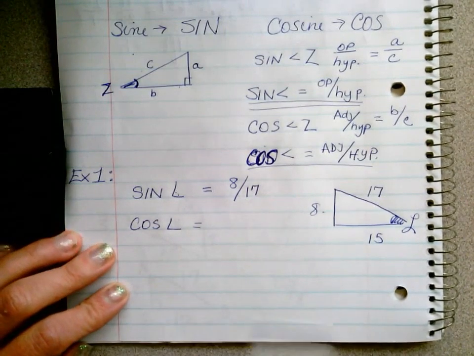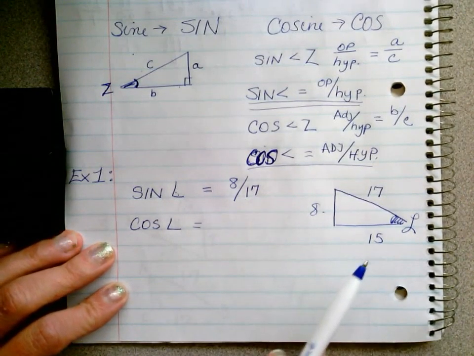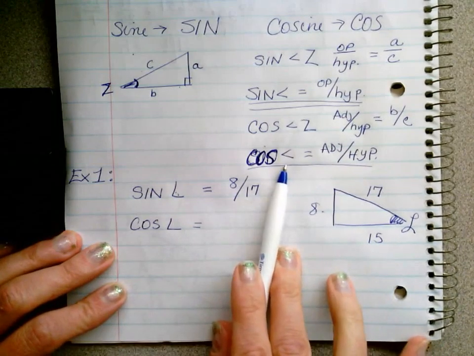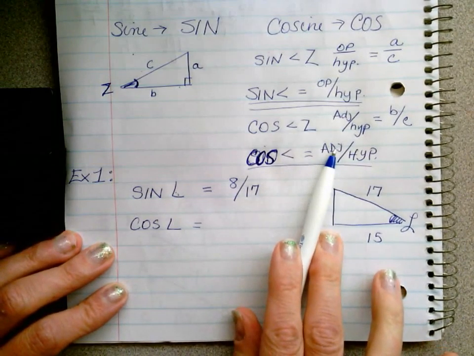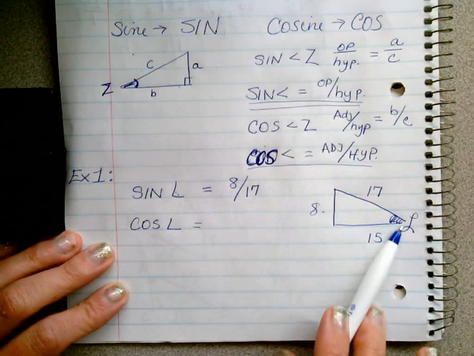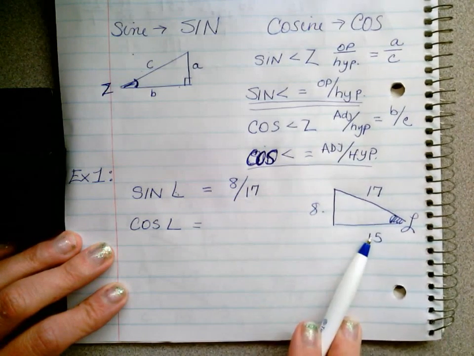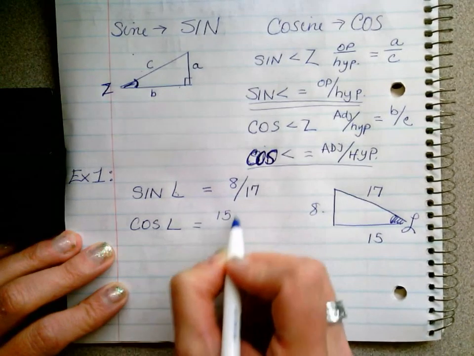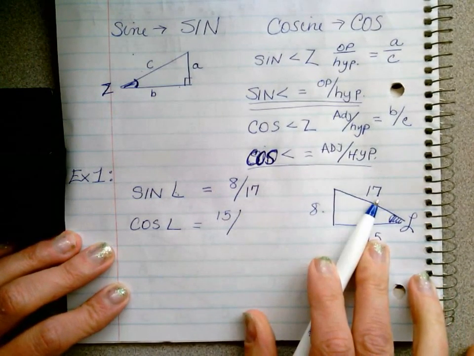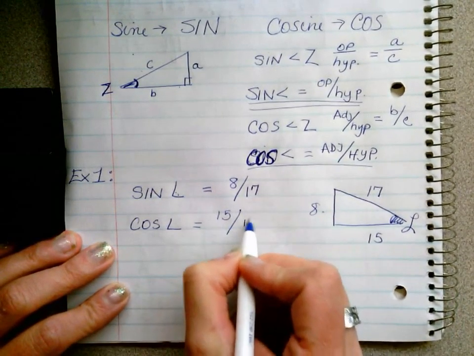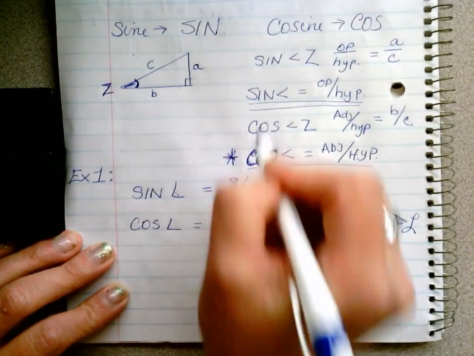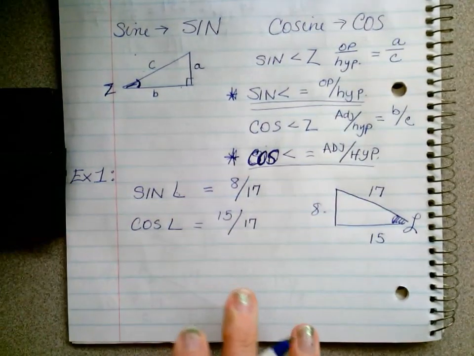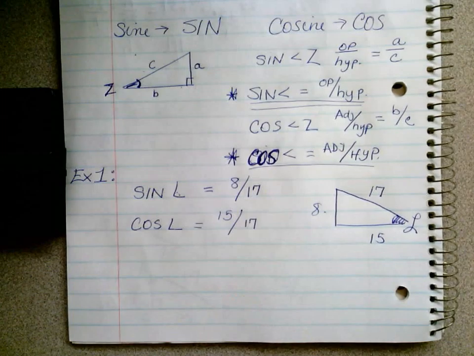Okay? That's all they're asking. How about the cosine? Well, the cosine is adjacent leg over hypotenuse. Well, we've got a hypotenuse and we've got an adjacent leg. So adjacent leg is the numerator. Hypotenuse is the denominator. Okay? So following what they ask for will help you answer these questions rather easily.